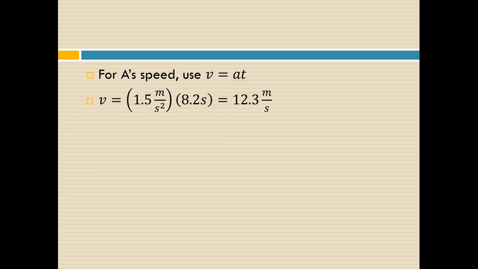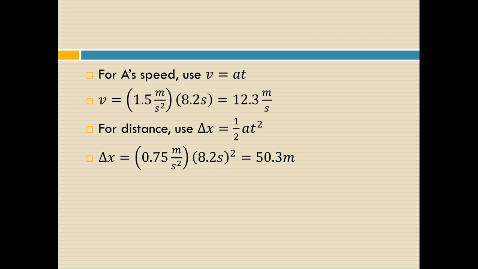The next question is, how far did he travel? Well, that's easy. I just go back to my distance equation. Delta x equals 1/2 at squared. Since I now know the time, I can plug that number in, and I come up with 50.3 meters. Does it make sense that A is going to take about 160 feet to catch B?